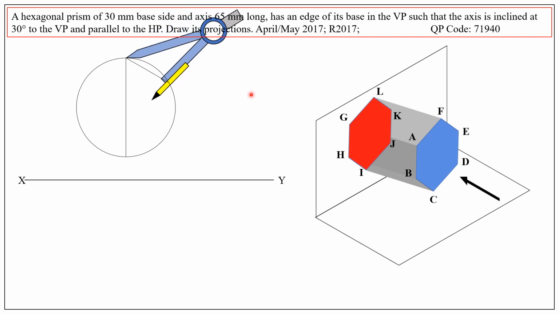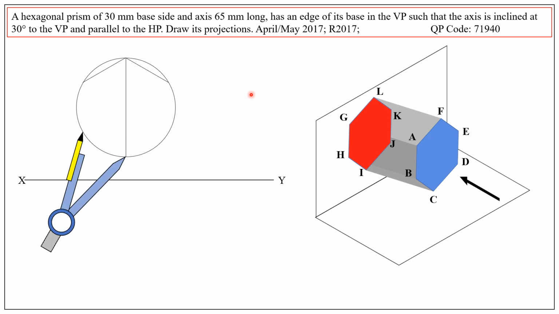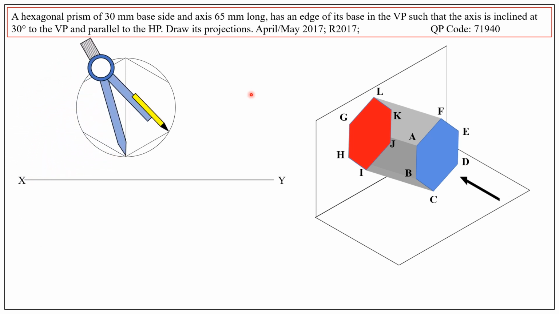Similarly, cut an arc on the other side, join those 2 points. Similarly, with the base point as center, cut an arc on the circle and join those points. Similarly, draw an arc on the other side of the circle, join those points. Now join these 2 vertical lines.